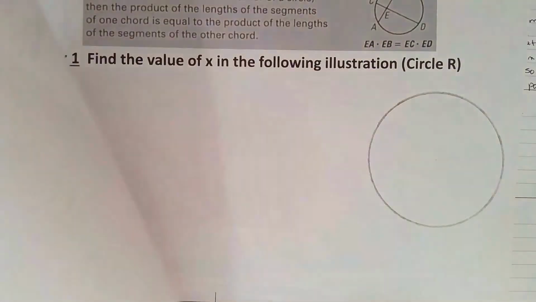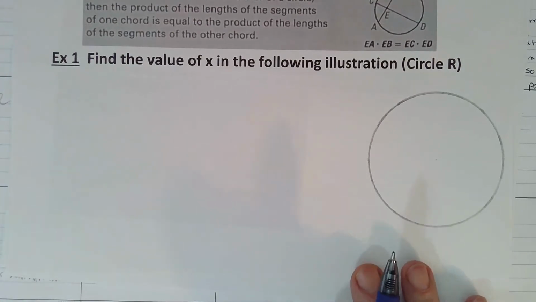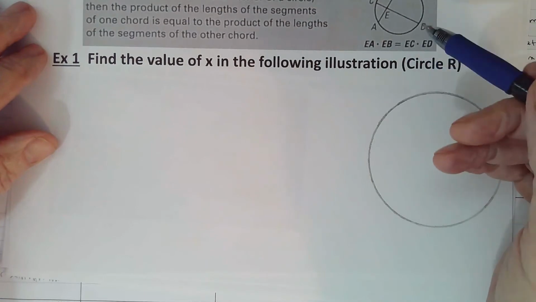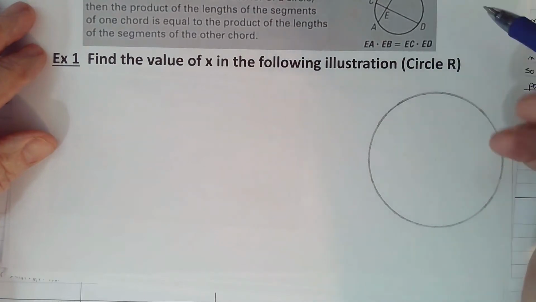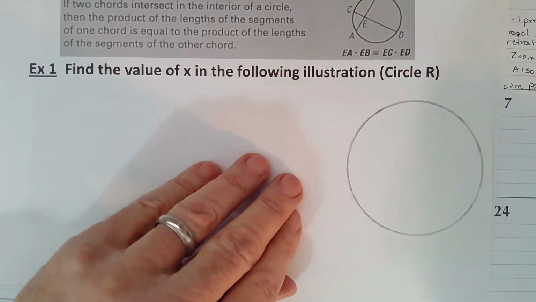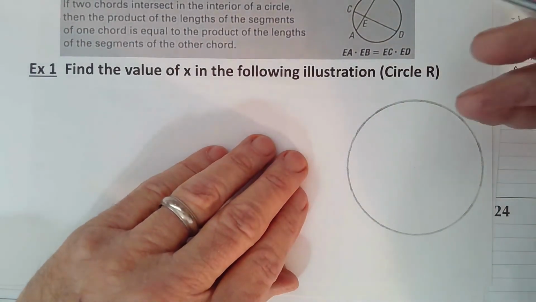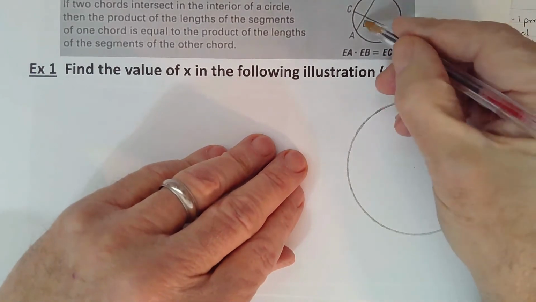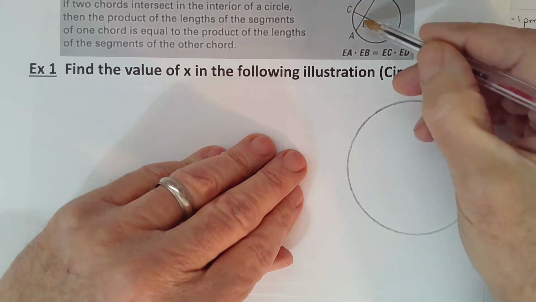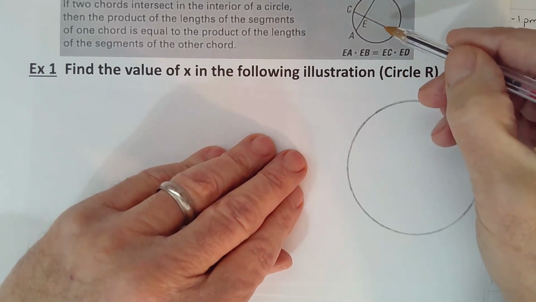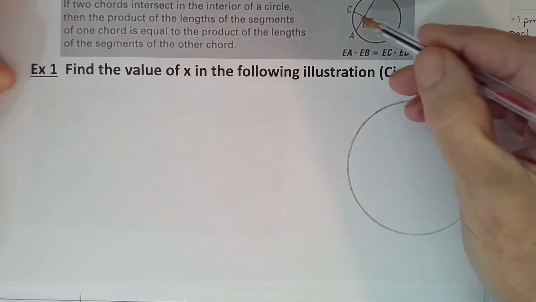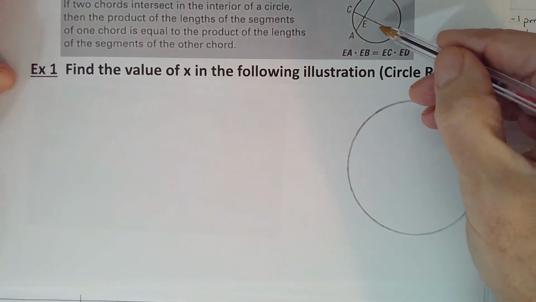So let's get into the meat of things. The first theorem that we're looking at is the theorem on chords intersecting inside a circle. Basically, the rule is that if two chords intersect inside the circle, and so I've got a chord AB and a chord CD, and they intersect at E inside the circle, then the product of the segments of each chord equals each other.